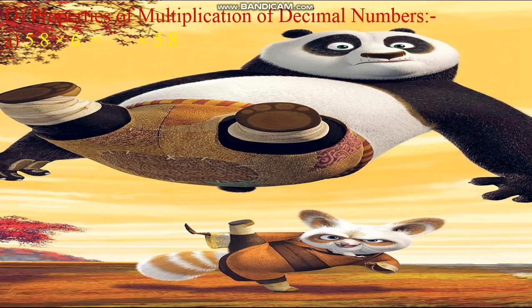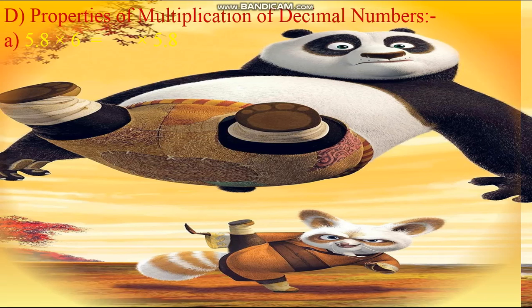Now let's see properties of multiplication of decimal numbers. 5.8 into 6 is equal to dash into 5.8. What will be the answer? 6. Because if you multiply the same numbers, the product of 3 into 4 is equal to 4 into 3. So 6. Second, if you multiply any number by 0, the answer is 0.